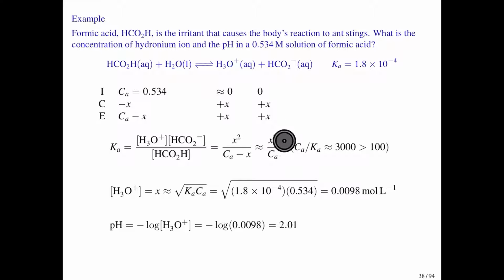So using this rightmost expression equal to Ka, we then solve for x, which is our hydronium concentration. So substitute in Ka, substitute in the initial concentration of the acid, take the square root, and we get the hydronium concentration. Then we can take the hydronium concentration, like we've done in previous videos, substitute that into the pH equation, and that gives us a pH of 2.01 in this case.